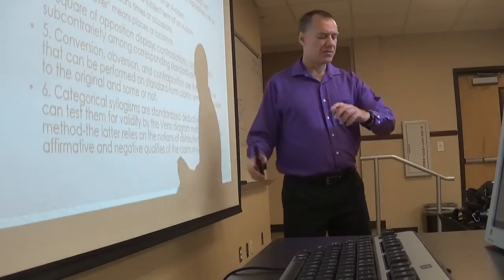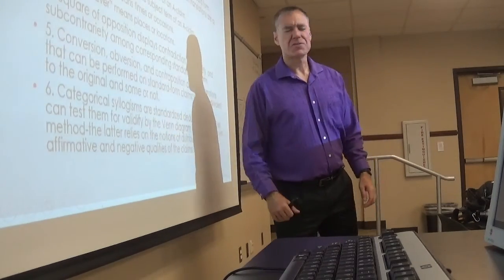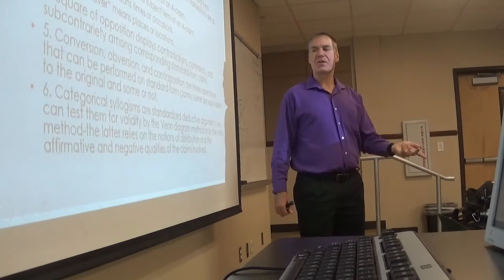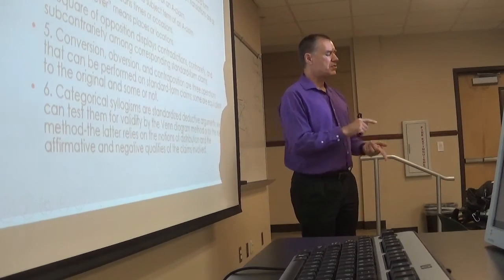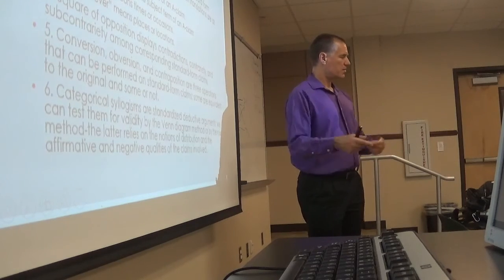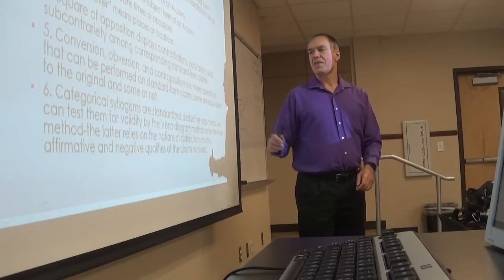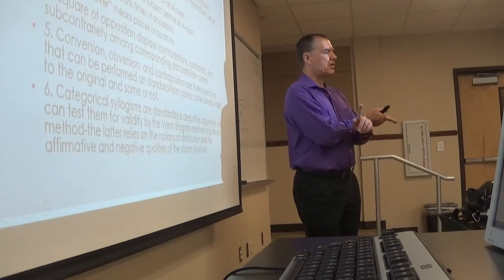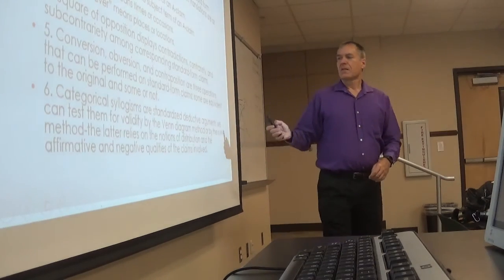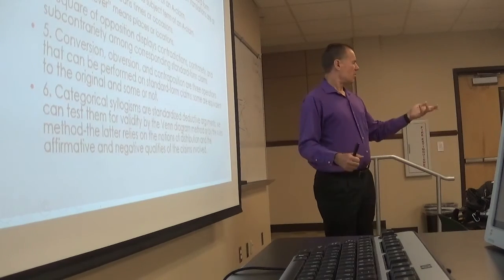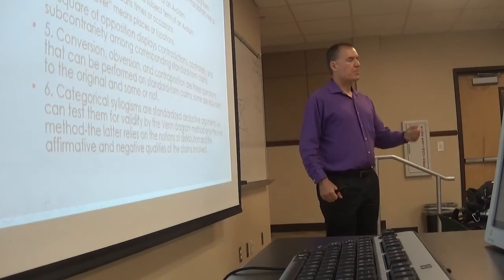We then looked at the three categorical operations: conversion, switching the subject and predicate; obversion, where you change the quality and then negate the predicate; and then contraposition, where you flip the subject and predicate and negate both. And we saw that obversion applies to all of them.